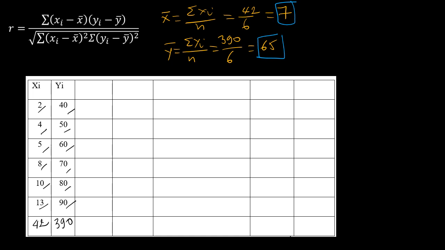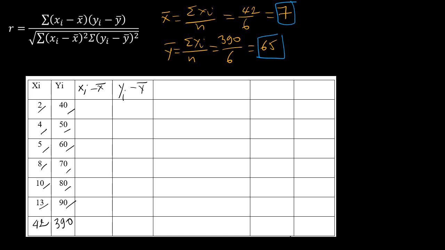To complete the correlation coefficient, we're going to need a couple of pieces of data. The first piece of data we're going to need is x values minus x bar. And so we're going to go ahead and label this table chart, and the next column is going to be y minus the mean of y.